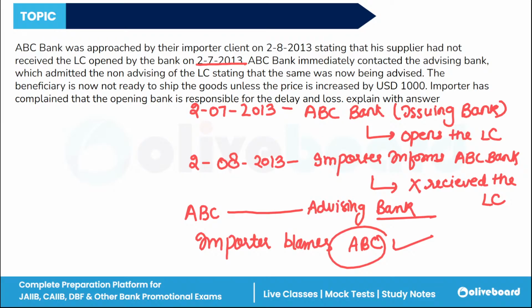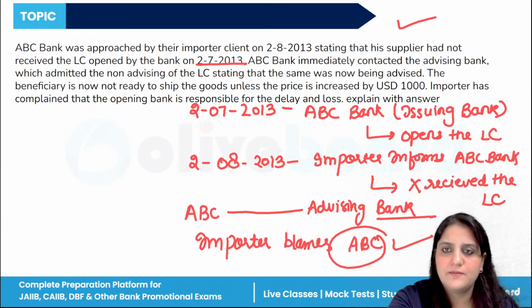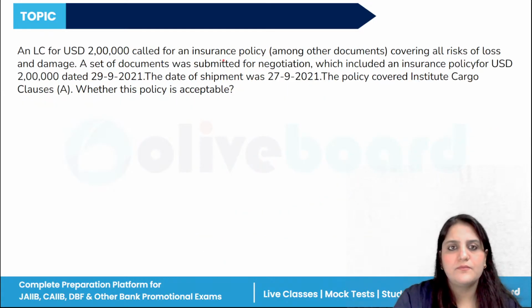So here we can say ABC Bank is not responsible for the delay or the resulting loss, provided it sent the LC promptly to the correct advising bank. The advising bank's delay in advising the LC to the beneficiary is the root cause of the issue. So there is no fault of ABC Bank in that case.